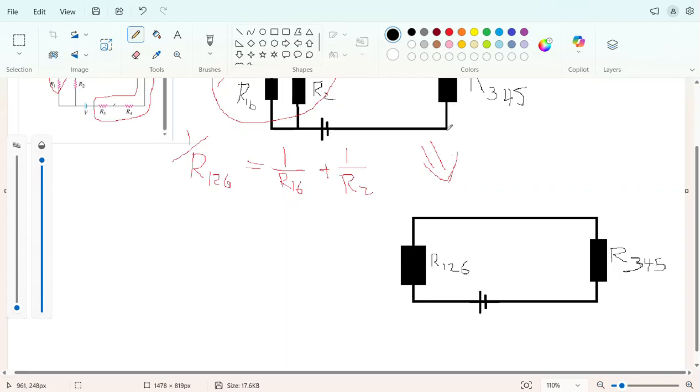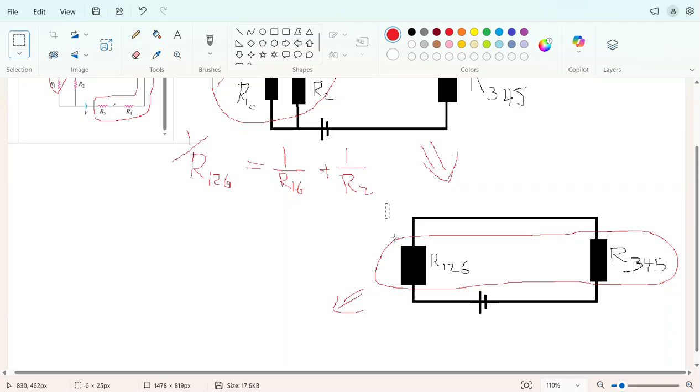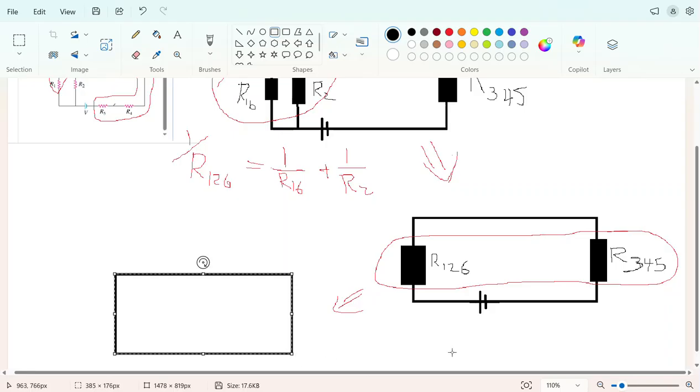R3,4,5. And at this point, we'll notice that these two components are simple series. And here's our new version. No, I'm going to have to redraw it. I'm going to have to redo this.